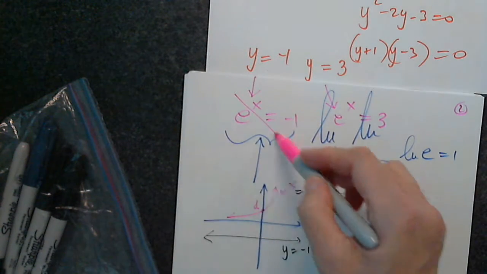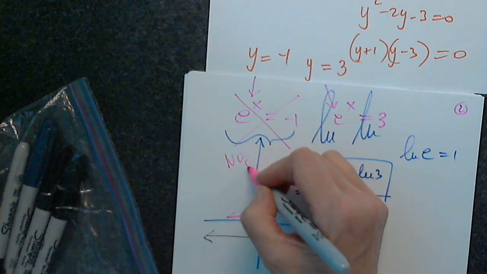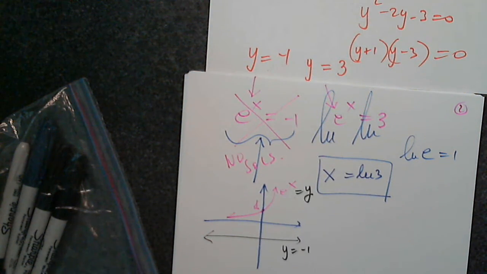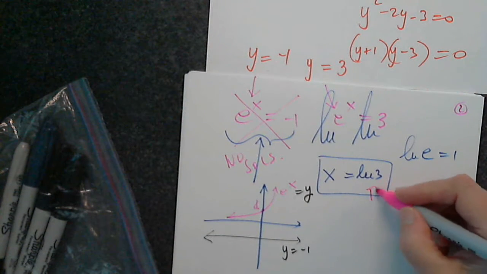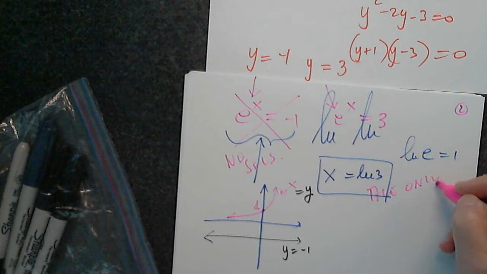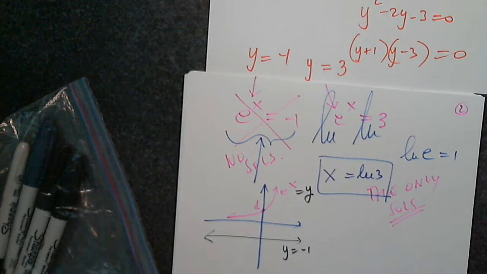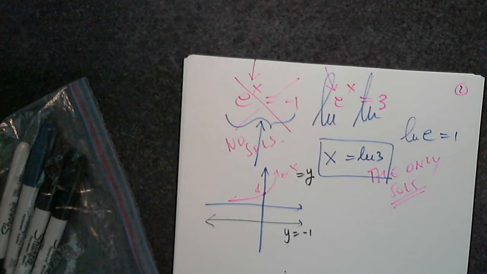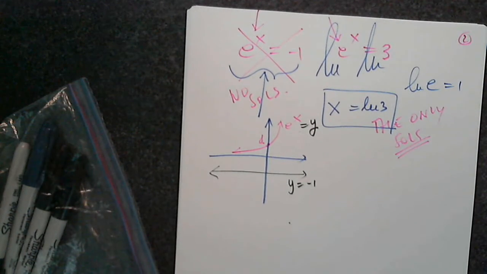Never. So I'll say that's not possible. Here, no solutions. The left-hand side cannot equal the right-hand side. I cannot apply log to the other side. So the only solution is this. The only solution of the equation is x equals natural log 3. Good. Any questions?